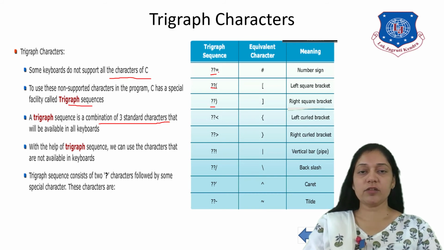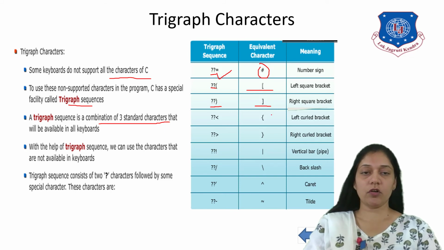If I write double question mark and equal, then in my output hash would be displayed. So the hash key is not present on my keyboard, then I can go for this trigraph character. Similarly, double question mark and round bracket, then I'll have the output as the starting of square bracket. If it is round closing bracket, then I'll have the closing of square bracket, and so on.